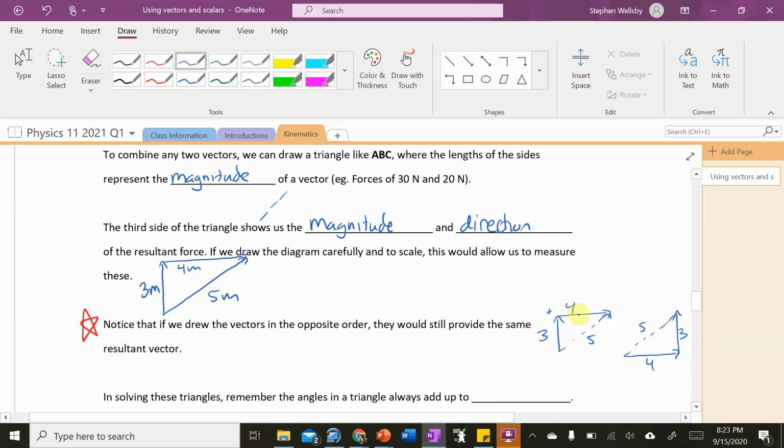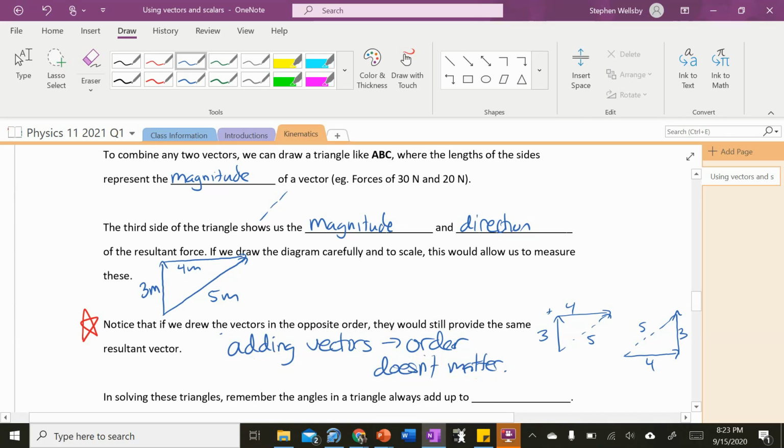So here I went 3 meters plus 4 meters. Here I went 4 meters plus 3 meters. Either way, my answer is going to be the same. So when you're adding vectors, order doesn't matter.